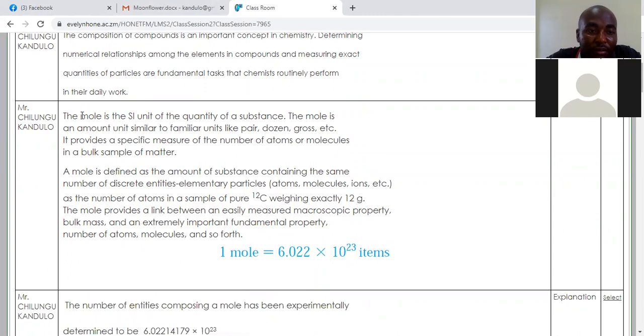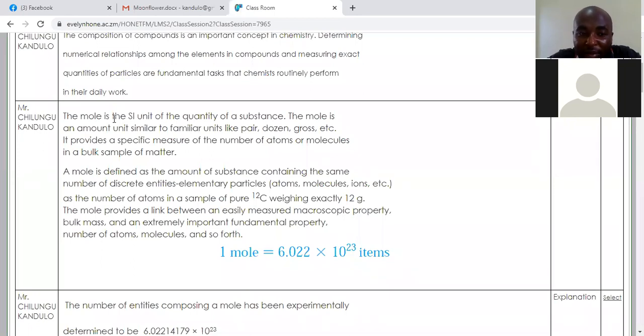So the mole is the SI unit for the quantity of a substance. The mole is an amount which is familiar to units like pair. Pair means 2. Dozen means 12.